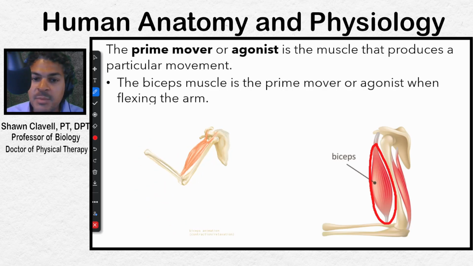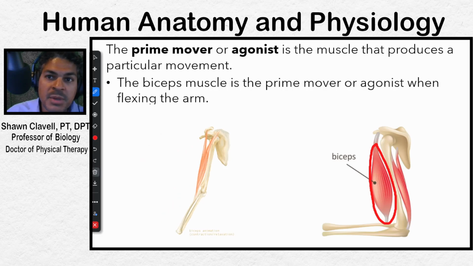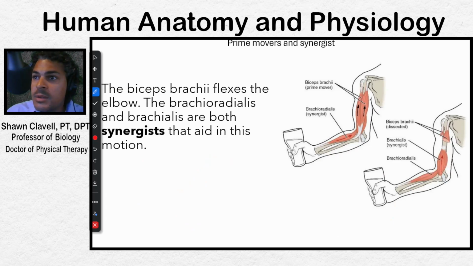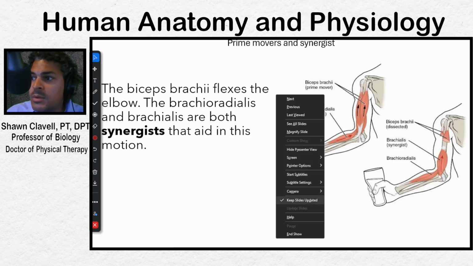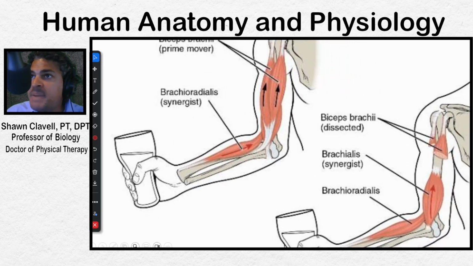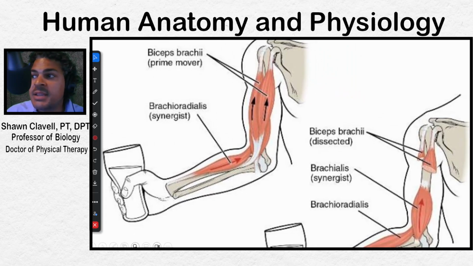So you can see that muscles here on the front of the arm, like that of the biceps, or maybe even if we go to the other slides, we'll see muscles like biceps brachii, brachioradialis, and even brachialis.